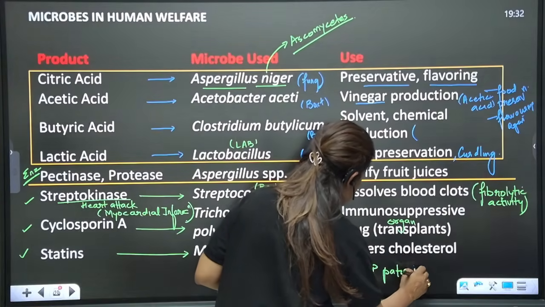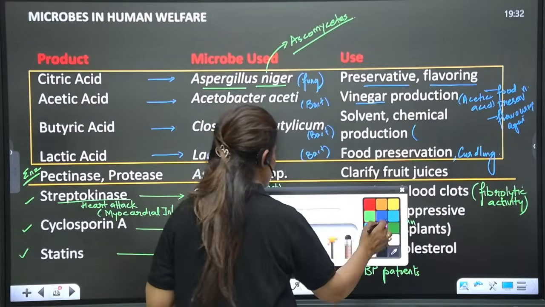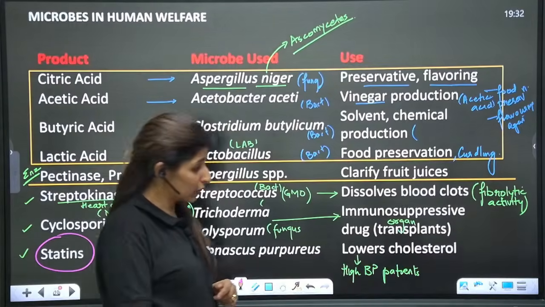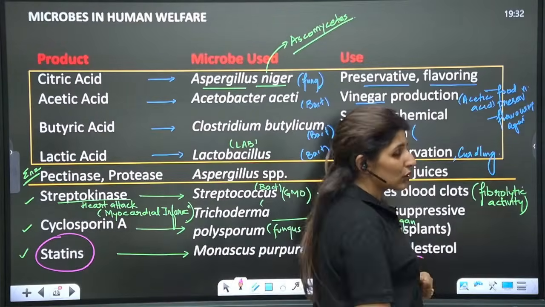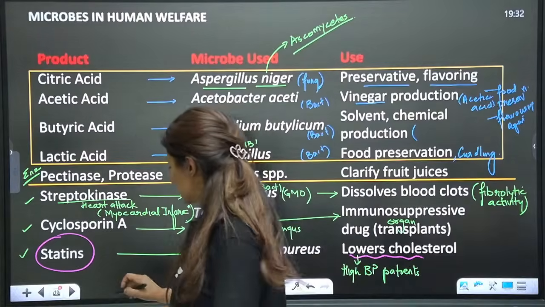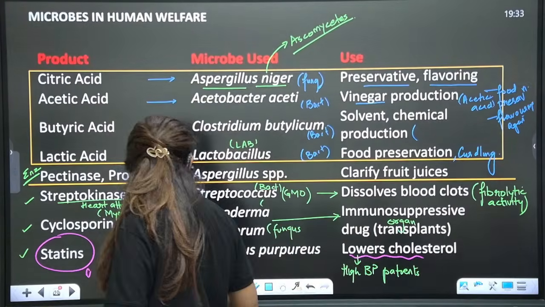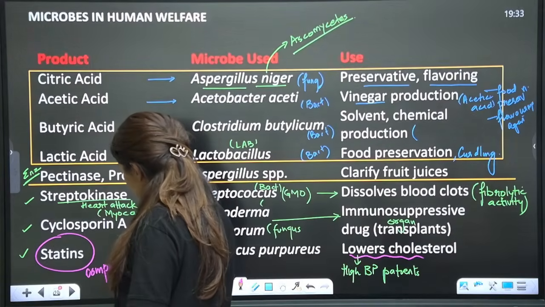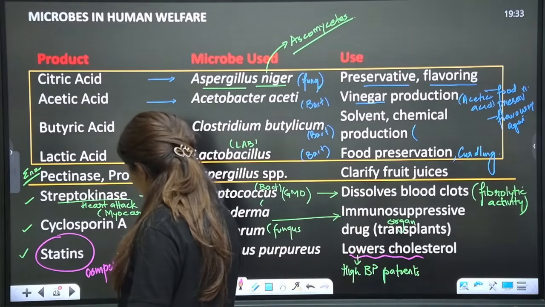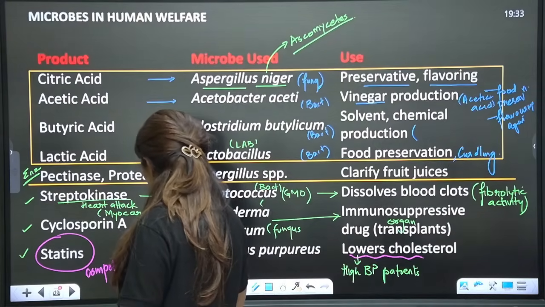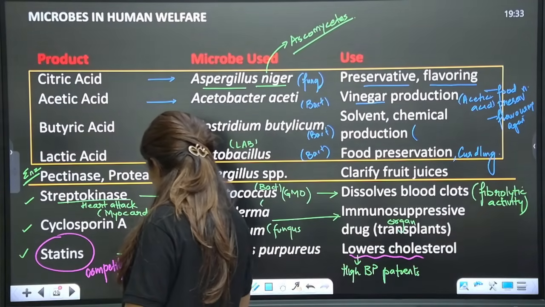Now there is a point in NCERT about these statins, that how do they lower the blood cholesterol level, right? So the point is that these statins work as competitive inhibitors. So they competitively inhibit the enzyme which is required for cholesterol synthesis.